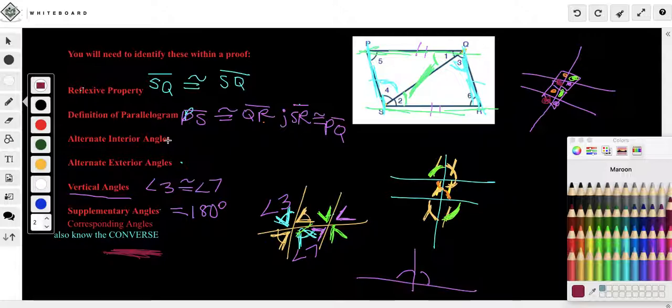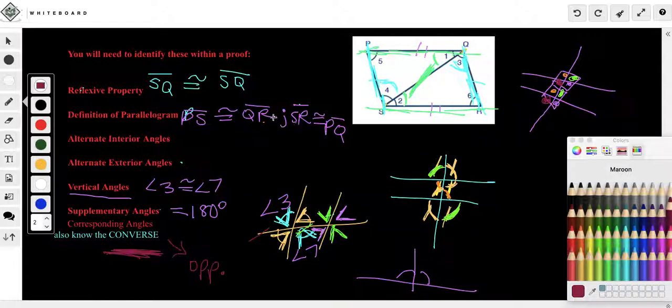The converse is like the opposite. So you're saying because these alternate interior angles are congruent, because they may have told you that they were congruent, then I know that these two lines are parallel, because they're cut by this transversal. So converse is just going to be the opposite.